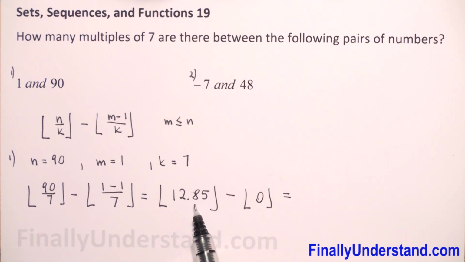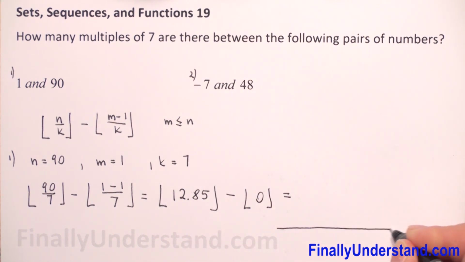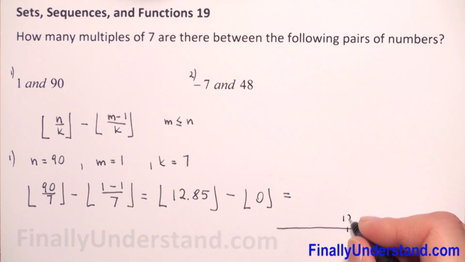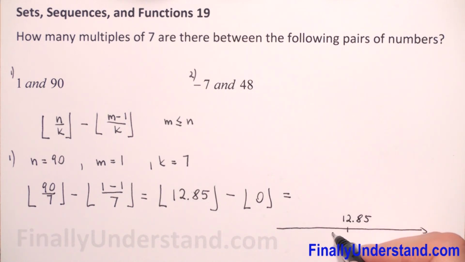Because 12.85 is not an integer, we will draw a number line. We have the number 12.85. So this number is between 12 and 13.